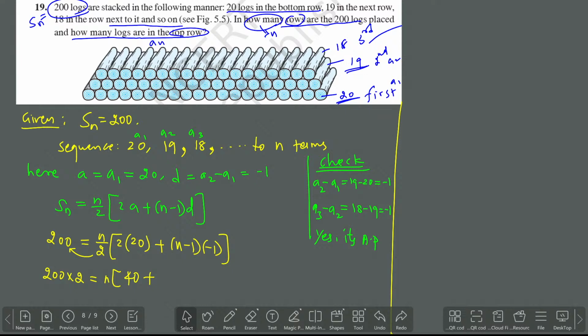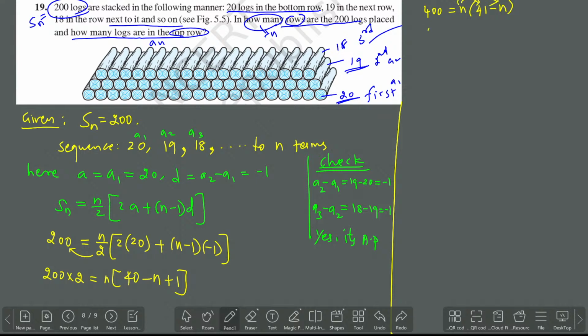What am I getting? 40 minus 1, you multiply inside. So what am I getting? Minus n, minus into minus, plus 1. So yeah, you multiply that. 200 into 2, yeah, 400, which is equal to n into 40 plus 1, 41 minus n. Take this n, multiply inside one by one.